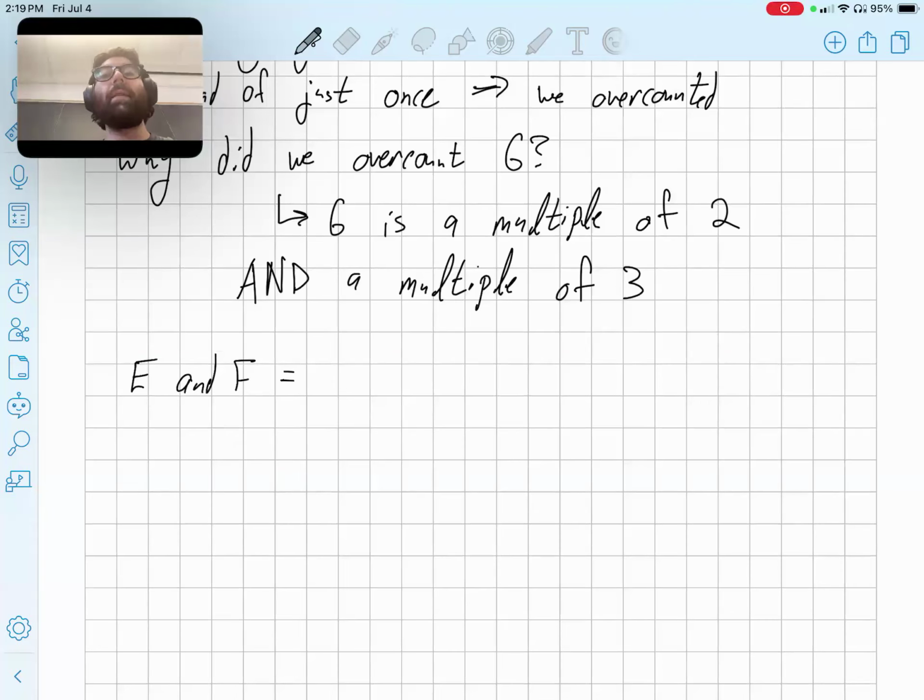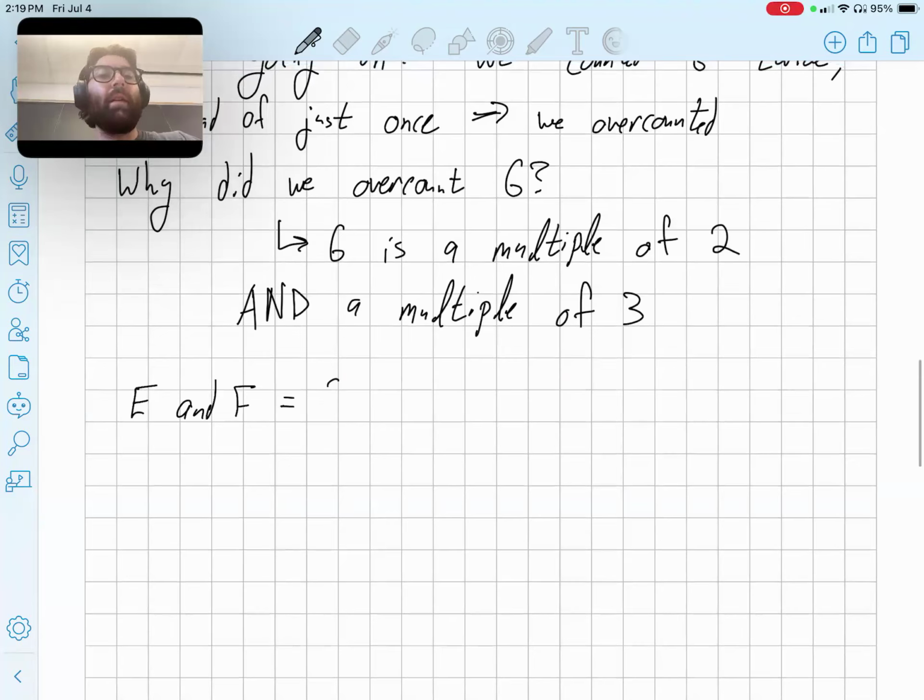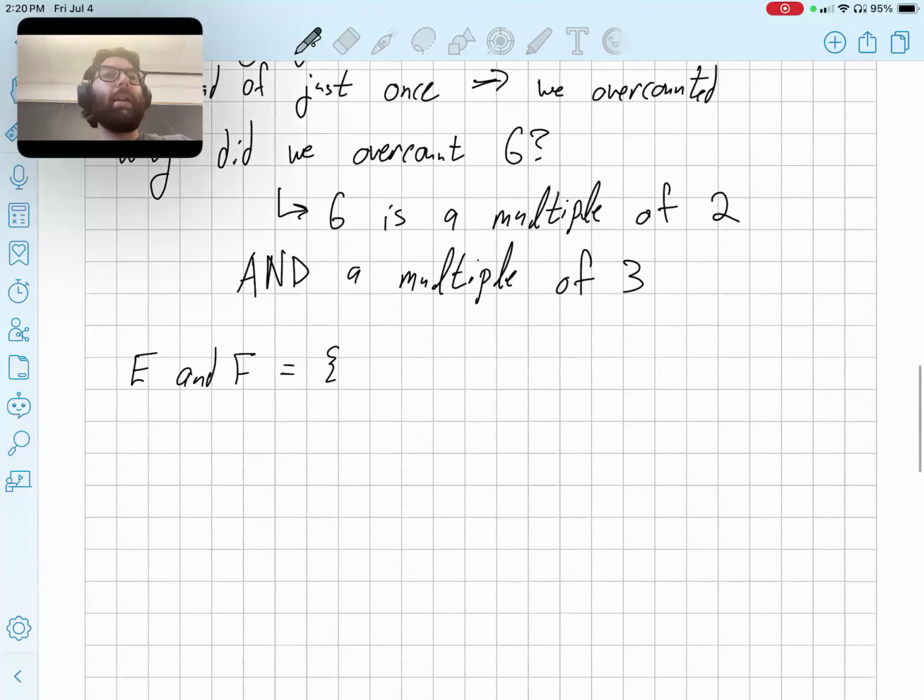So what is the event that corresponds to E and F? Well, E and F is just all the numbers that are multiples of 2 and 3.